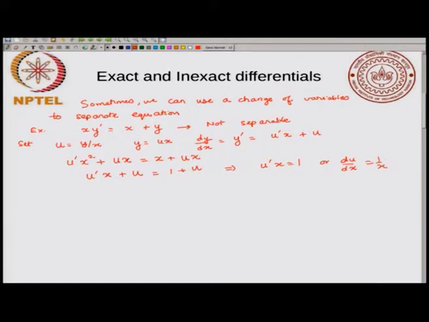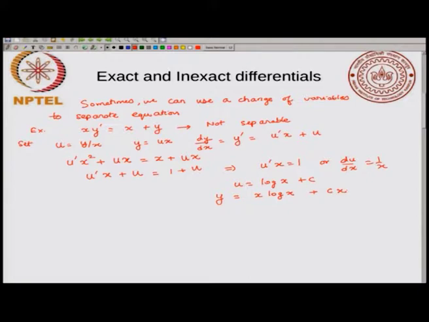You can solve this and you will get u equal to log of x plus a constant, and you can go back and write y equal to ux. So, y equal to x log x plus a constant times x. This is the solution.